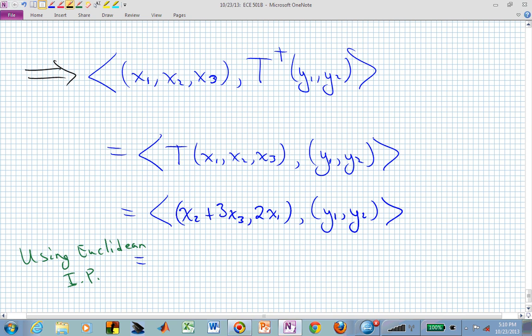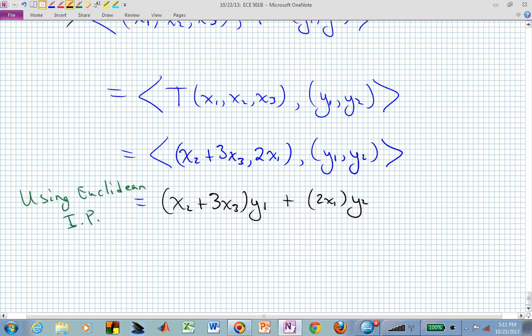And we just do that with the second coordinate, meaning we now have x2 plus 3x3 times y1 plus 2x1 times y2. Or that's x2 y1 plus 3x sub 3 y1 plus 2x1 y2.